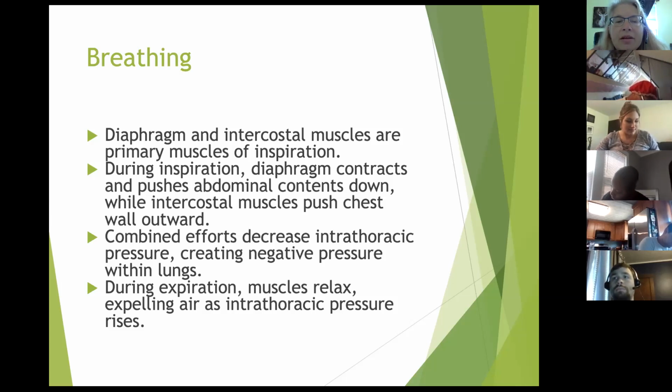So when we take a deep breath in, the diaphragm moves down, the intercostal muscles push the chest outward, and that's why our chest expands when we take a breath in. As those muscles relax and the air goes back out, your diaphragm moves back up, and your chest gets smaller. So that's why you see the rise and the fall of the chest with inspiration and expiration.